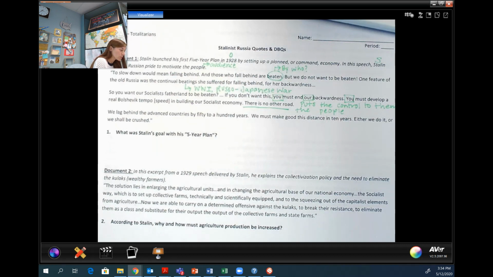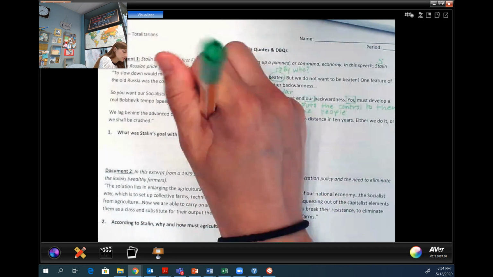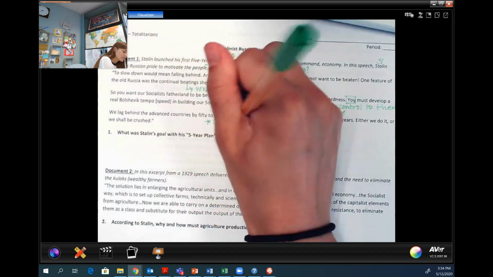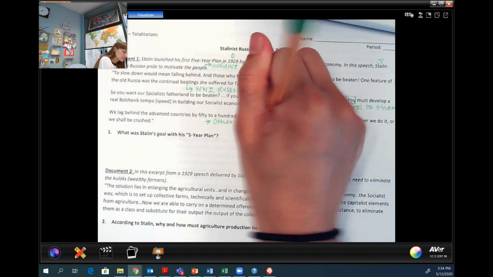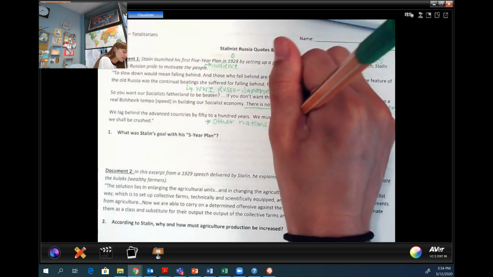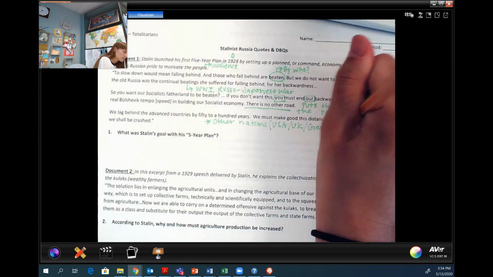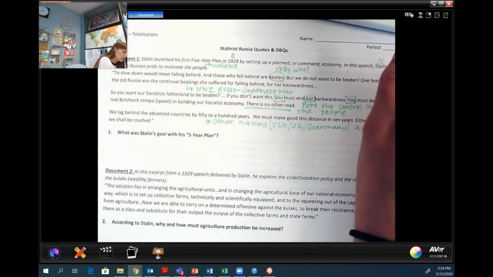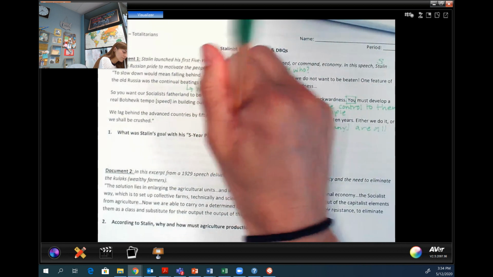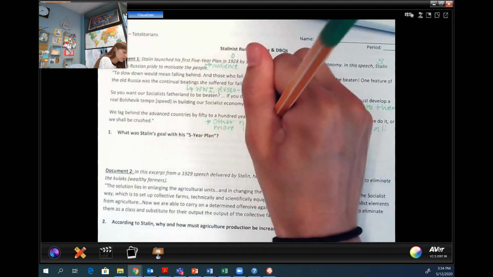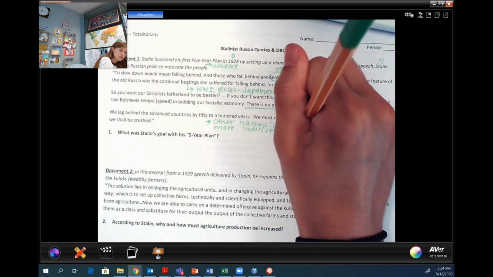Either we do it or we shall be crushed. So other nations like the USA, the UK, and Germany are all more industrial than the USSR.